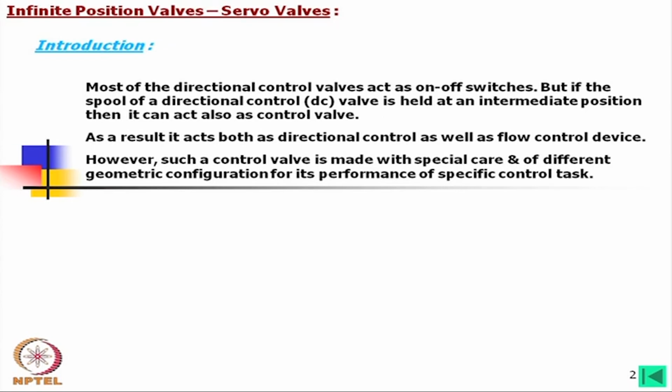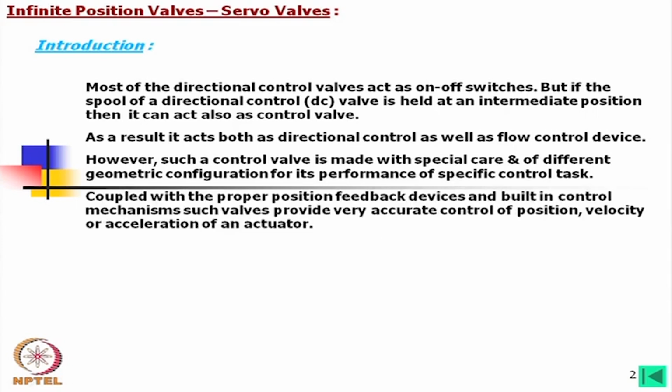However, such a control valve is made with special care and of different geometric configuration for its performance of specific control tasks. Coupled with the proper position feedback devices and built-in control mechanism, such valves provide very accurate control of position, velocity or acceleration of an actuator.